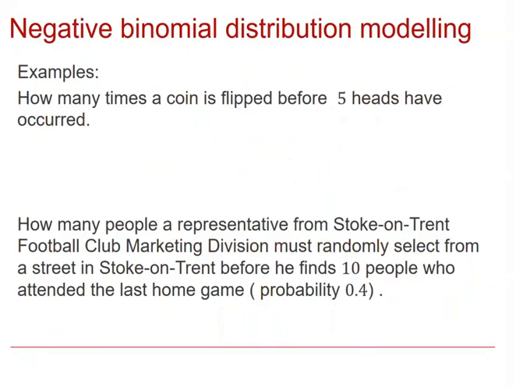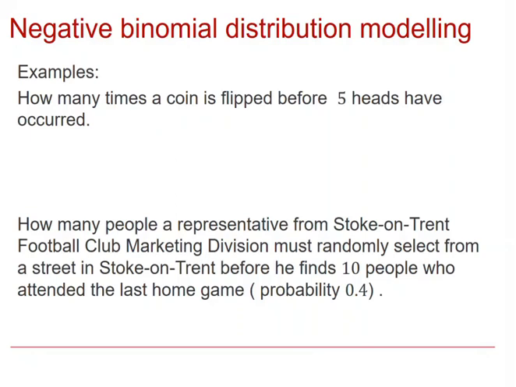So on this slide there are a couple of examples of situations that can be modelled with a negative binomial distribution, and you might like to pause the video at this stage and just read through both of them and have a think about them.